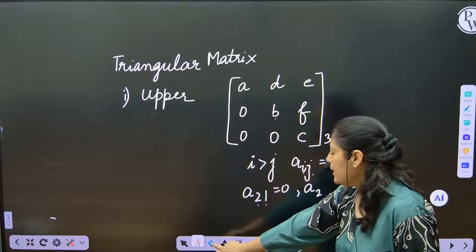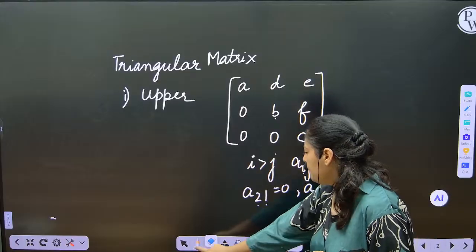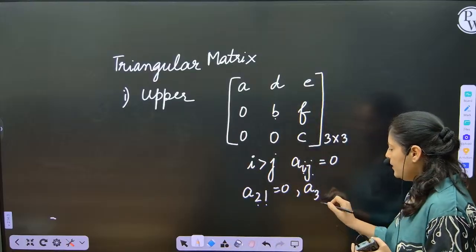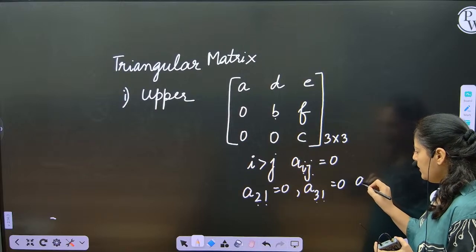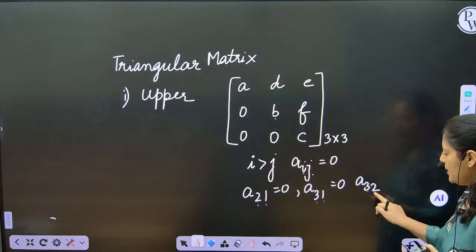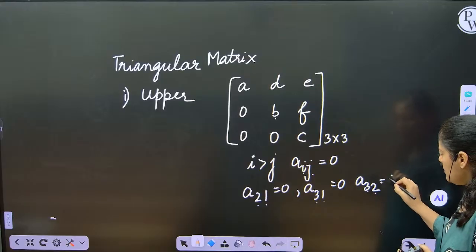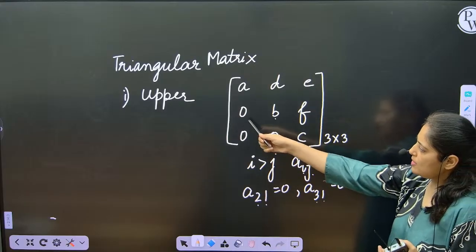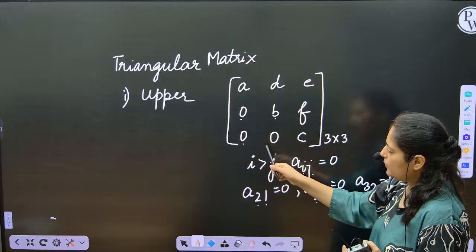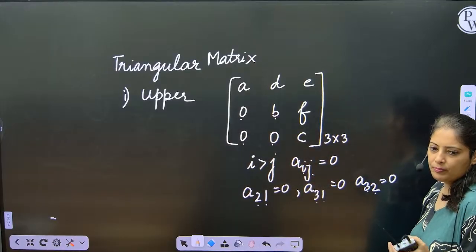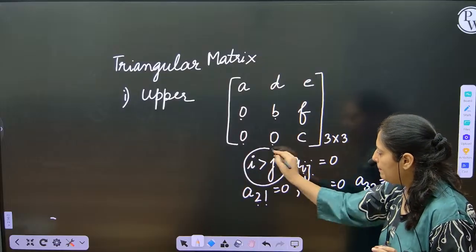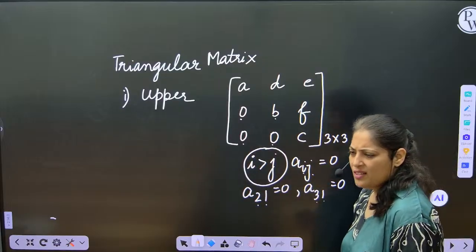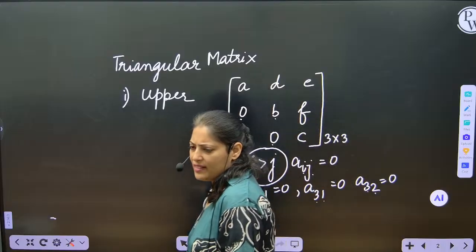Now I'll take 3, 1. This number is again greater than 1, so 0. 3, 2. The first number is again greater than the second one, so again it will be 0. So this is nothing but A21, A31, A32, which will be 0. So this condition is satisfied. This is a definition only. I'm just telling you why I have written i greater than j.